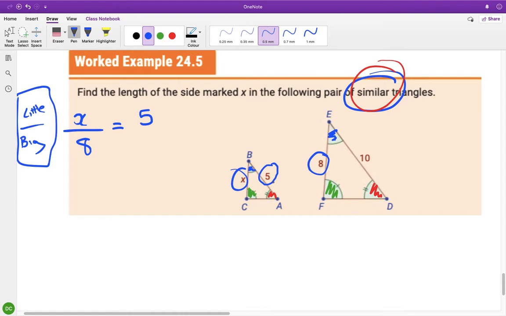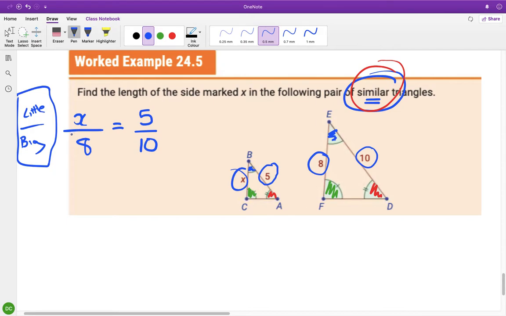The corresponding angle to that is the 10, so I put that on the bottom. Now, the fact that these are similar means that these two fractions should be the same. Okay, they should be the same fraction.